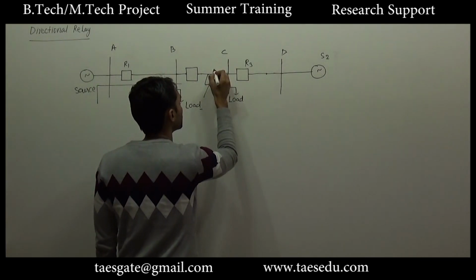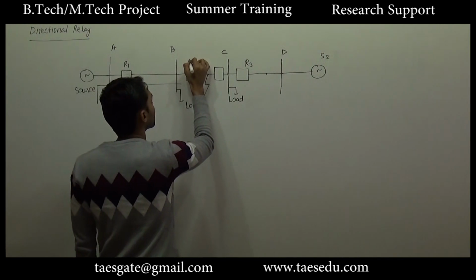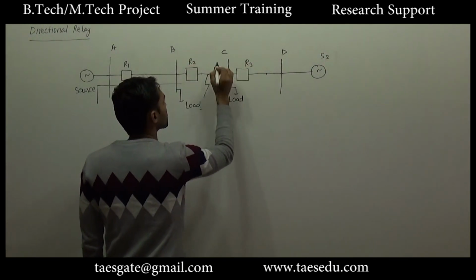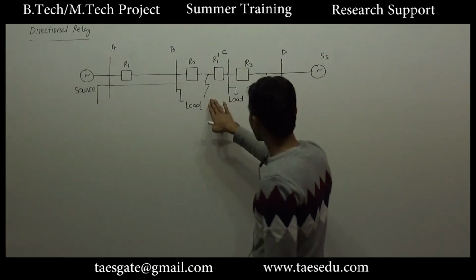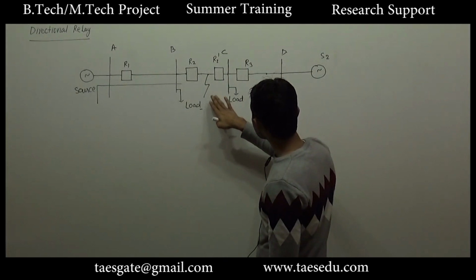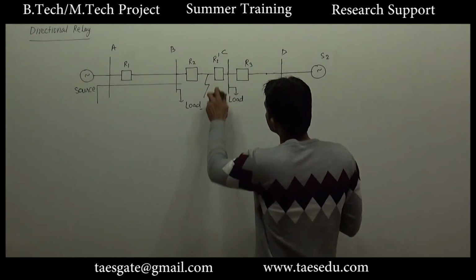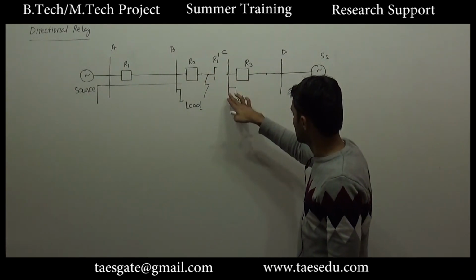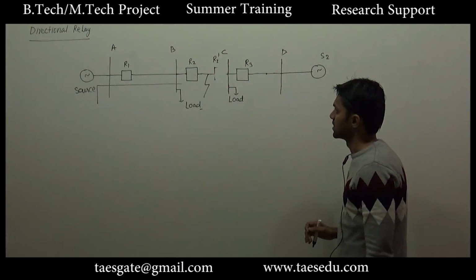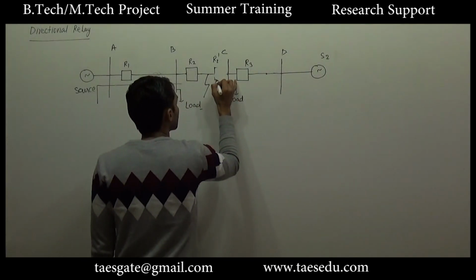Let's say if we have a relay here, R1, R2, this is R3, let's say this is R2 dash. So for this fault, instead of relay R3, if relay R2 is operated, this part will be open circuited, and whatever load is connected to bus C will continue to get the power supply. So this will be the preferable case. So let us connect a relay here, R2 dash.